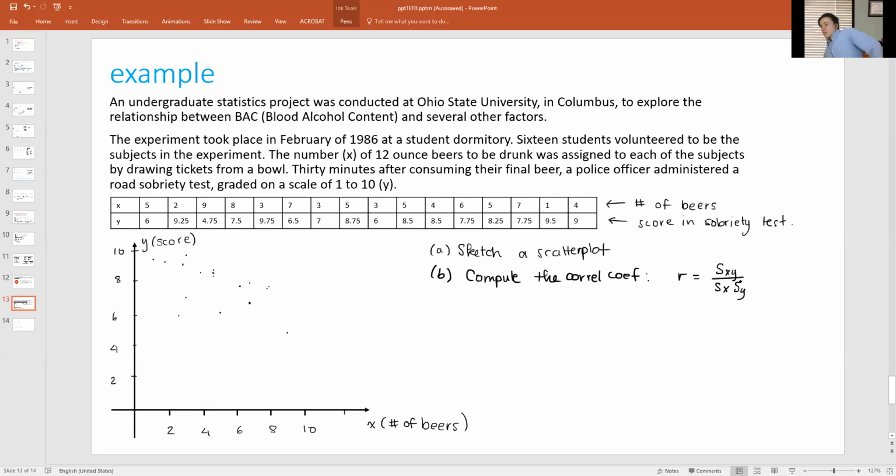Now, I gave you this formula, and I could give you the formula for the covariance, but I really don't care about whether you know that formula or not. I just care about you understanding standard deviations.